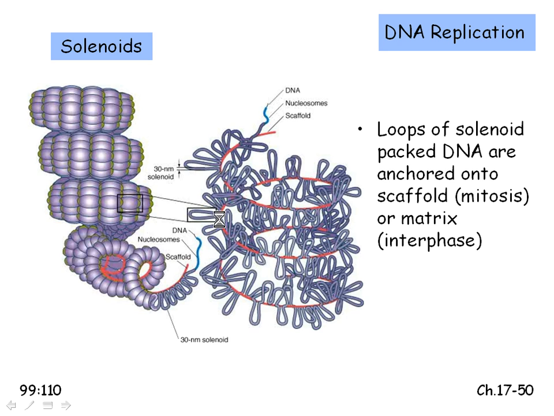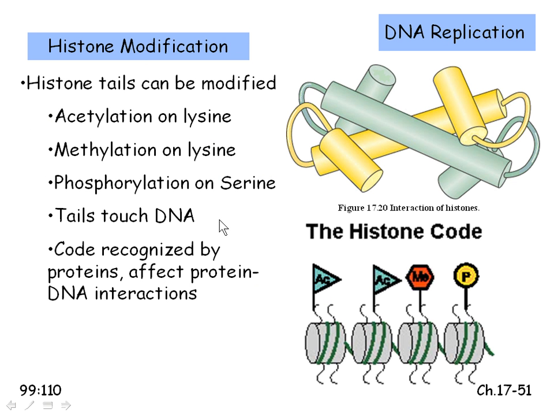Okay, I'm going to move on to histone modification. As I mentioned earlier, those histone tails which are interacting with the DNA are important because of modifications that can be added onto them. Lysines can have acetyl groups added onto them. They can have methyl groups added on.